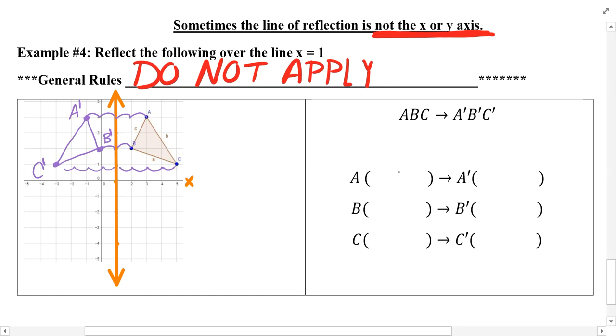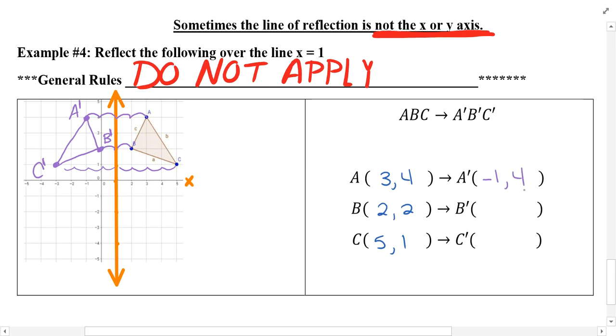So if I wanted to just see, there is not really a pattern that's going to be occurring with the ordered pairs, but we're just going to prove that here. So we have 3, 4 for my pre-image A, 2, 2 for my pre-image B, and 5, 1 for my pre-image C. And the reflection over the x equals 1 line, A is going to be at negative 1, 4.